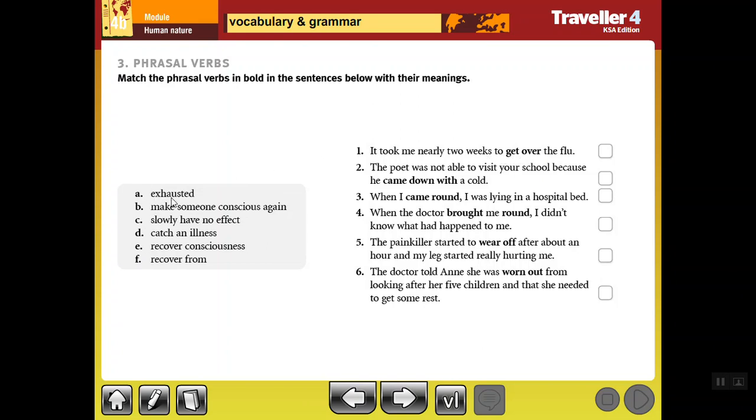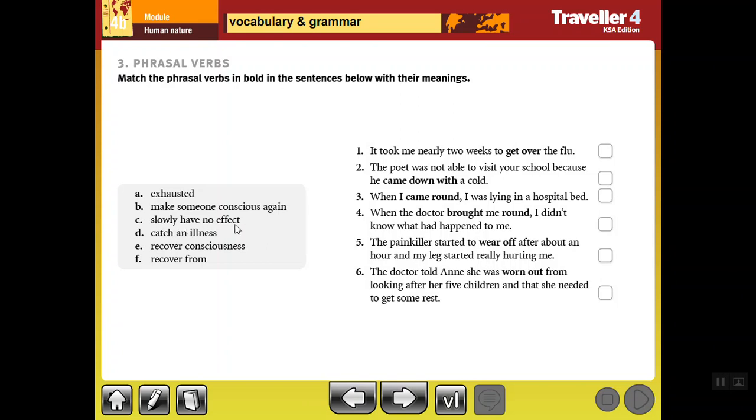So we have a verb which means exhausted or very tired. The second one is make someone conscious again. If someone lost consciousness or fainted, if you make him conscious again, you can let him smell something or like that. Slowly have no effect.